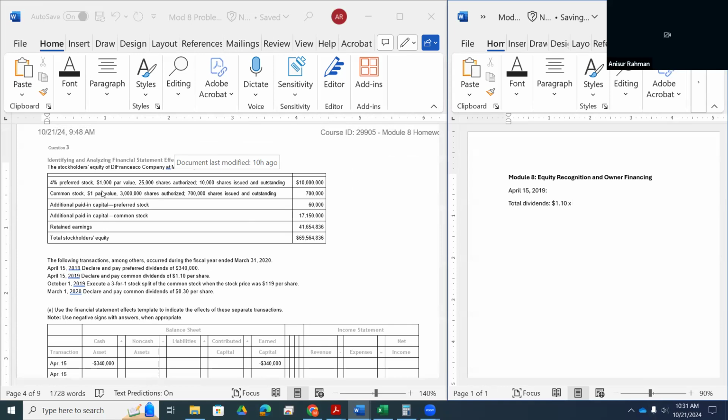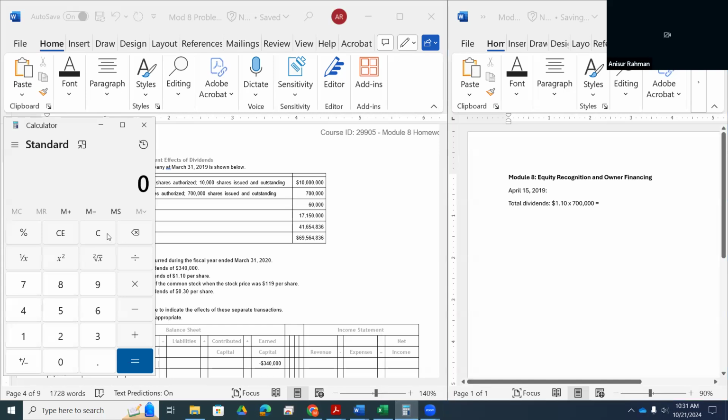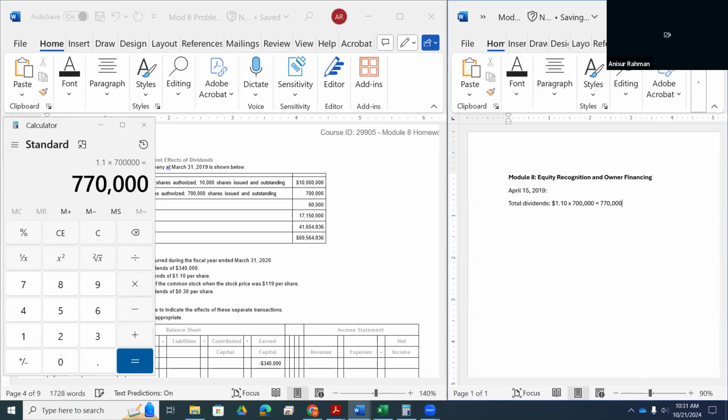Common stock, $1 par value, 3 million shares authorized, but the company has issued only 700,000 shares outstanding. So 700,000 times 1.10 will be $770,000.